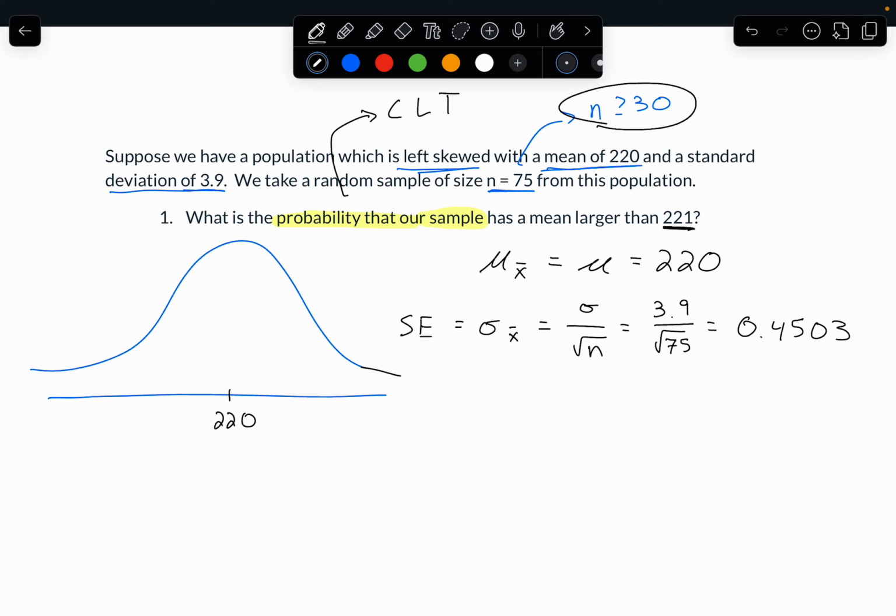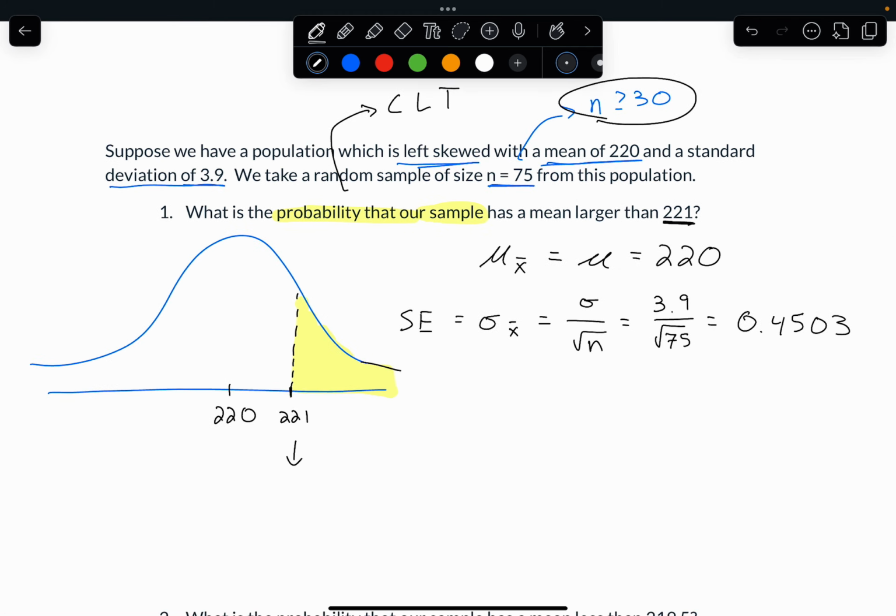So 221, that's just going to sit somewhere to the right of our sample mean. And if it's larger than that value, then we are going to be looking at this area right here to the right. That's the area that we want to find. So if we think back to these types of problems, we'd say, okay, well, we want to find the z-score for this.